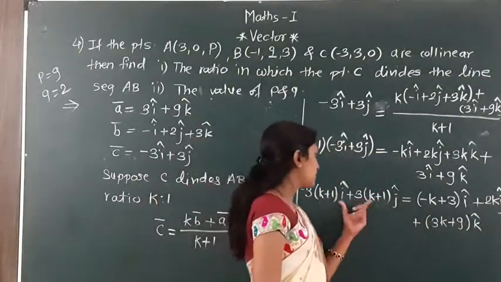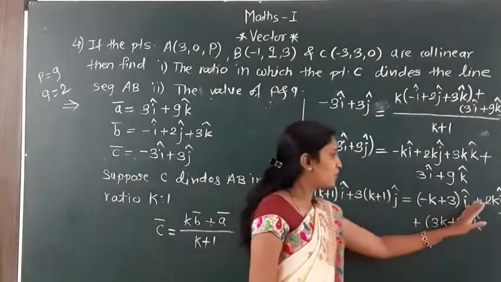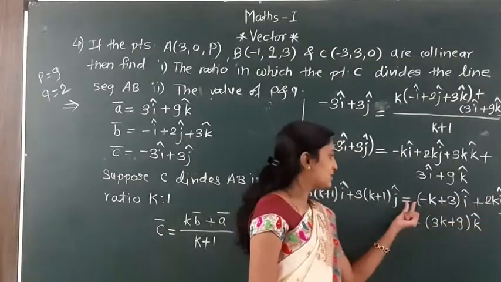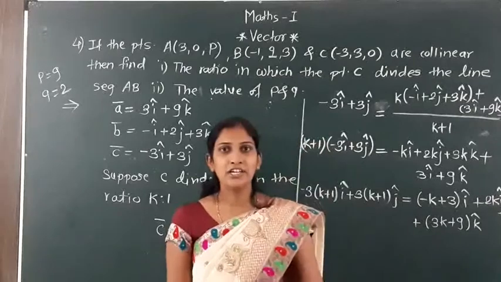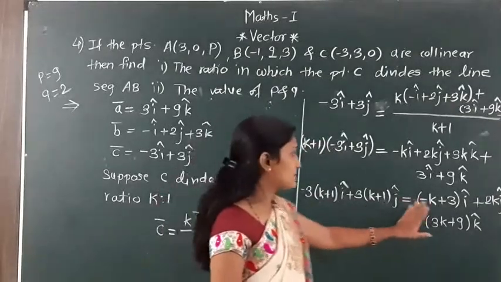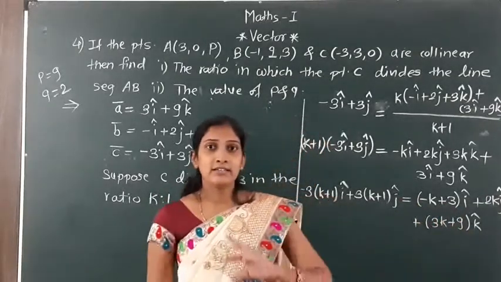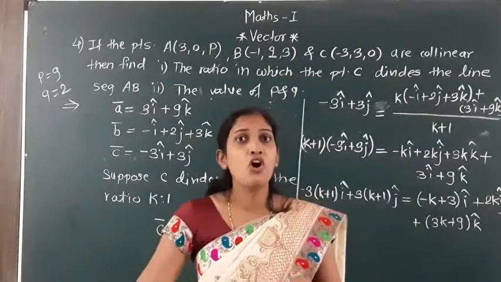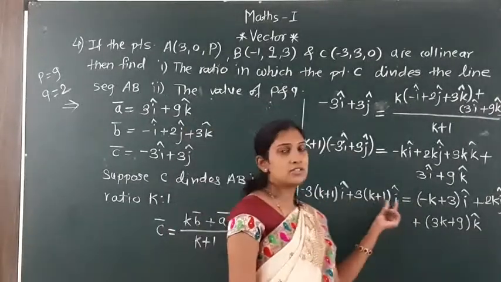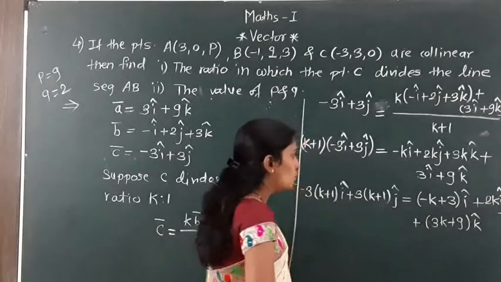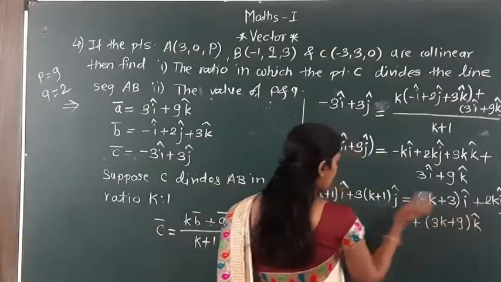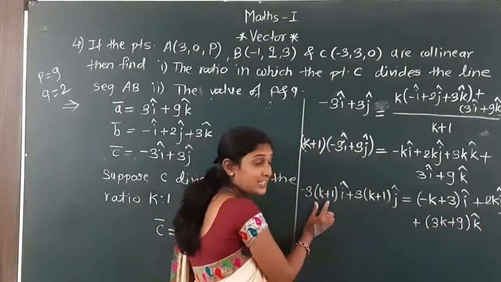Now this is a vector with i cap, j cap, k cap, and this is also a vector i cap, j cap, k cap, and there is an equal sign. Then by equality of vectors, if two vectors are equal, then their corresponding coefficients of unit vectors are also equal. So here the coefficients of i cap are equal.